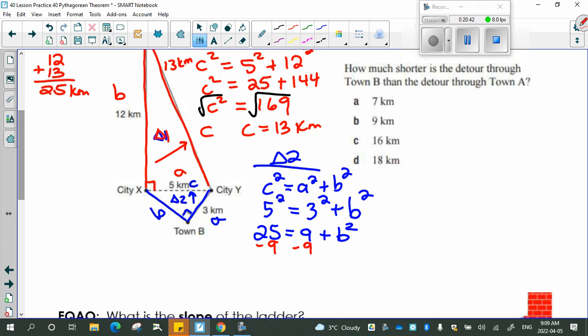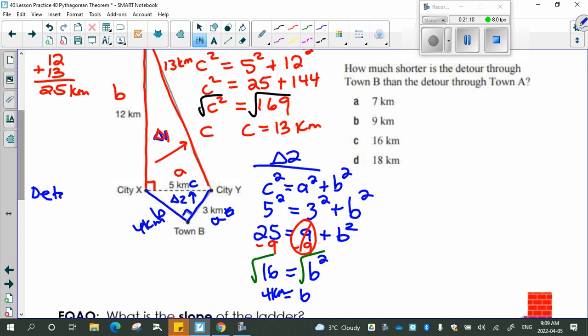So subtract 9 on both sides. 0 there. 25 minus 9 is 16. Square root. And we get B is 4 kilometers. Which makes sense because it's less than 5.